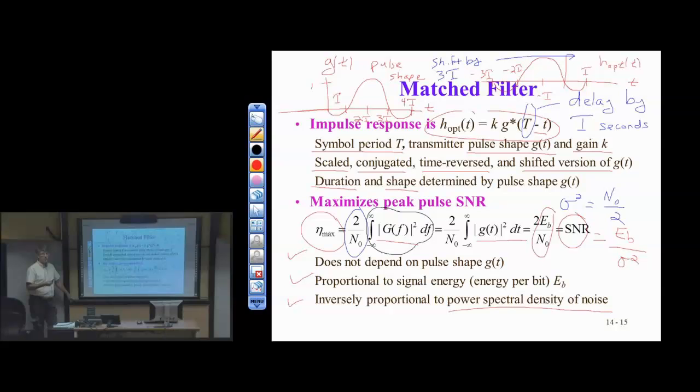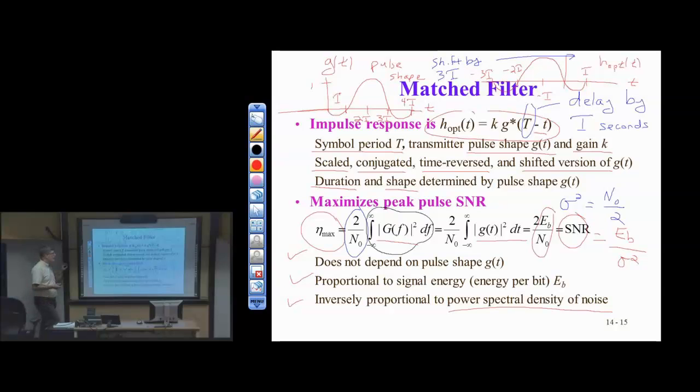Say, here are 6 possible pulse shapes you could use, and the receiver and transmitter have to negotiate which pulse shape to use at the initial connection time. That also can happen. Basically, the reason a longer or wider pulse shape is better is that I get a longer look at it on the receiver side.